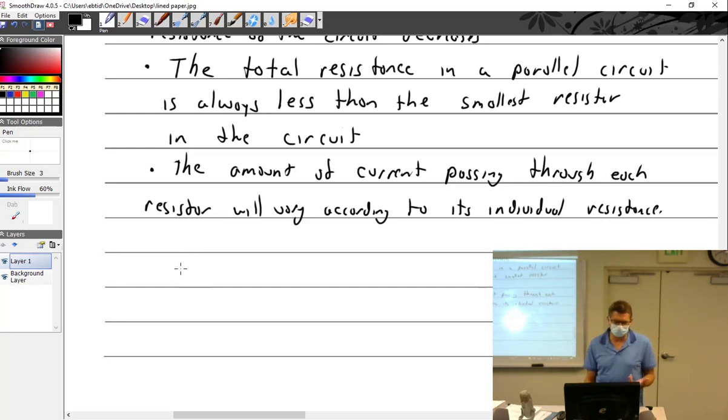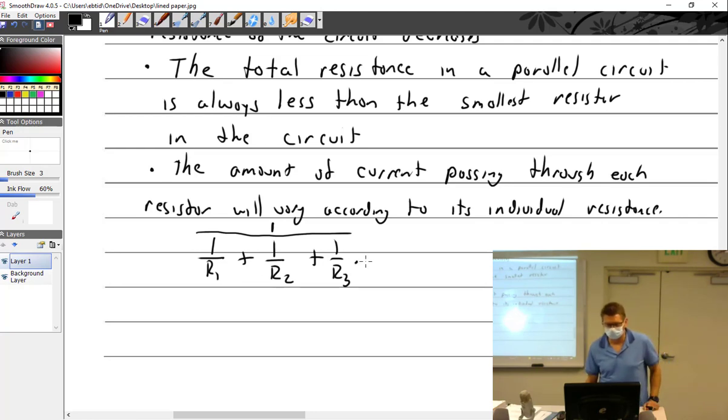And if I could teach you one, and this is the one I love, R total is 1 over the quantity 1 over R1 plus 1 over R2 plus 1 over R3.